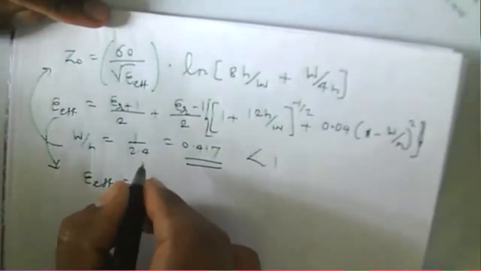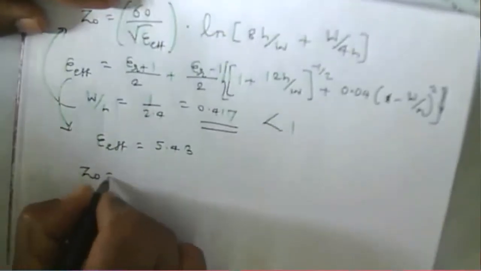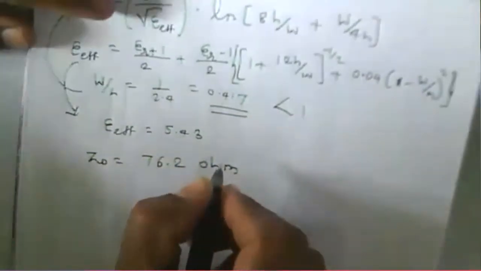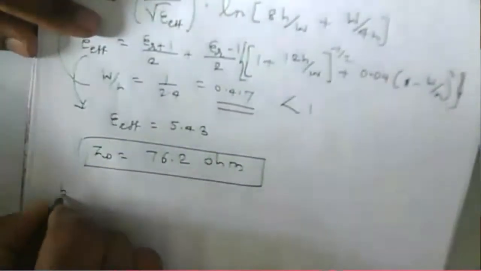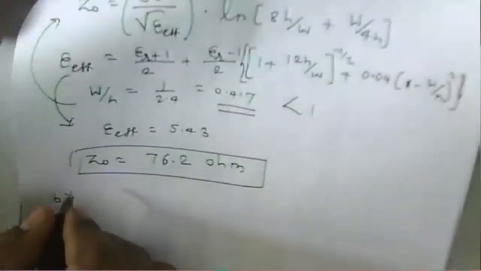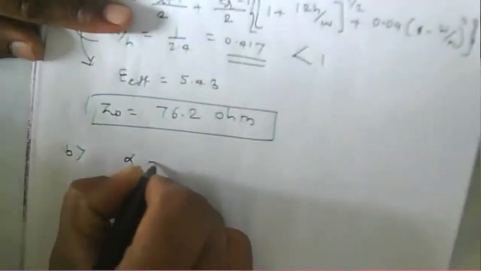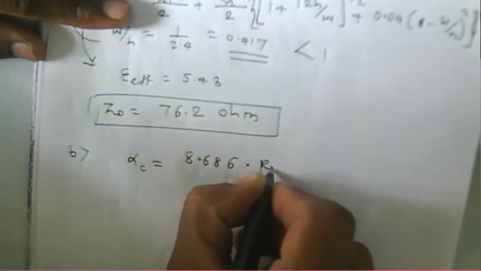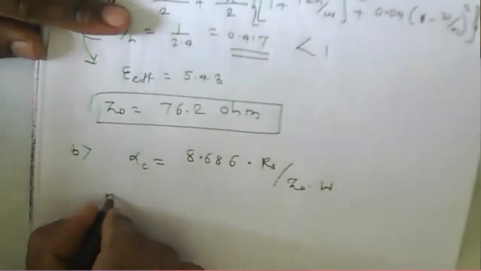Otherwise, if it is greater than 1, we have to consider another equation. Now put all these ratios here. After solving, epsilon effective is getting 5 point something, and Z0 is 76.2 ohm. That is your characteristic impedance of this particular line.